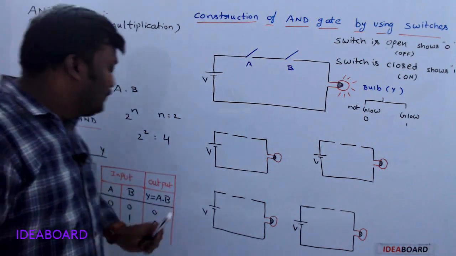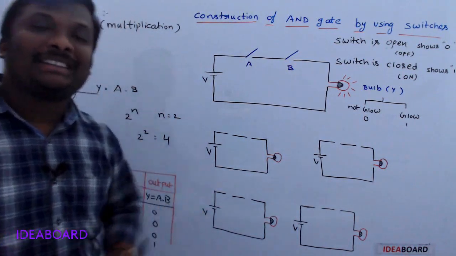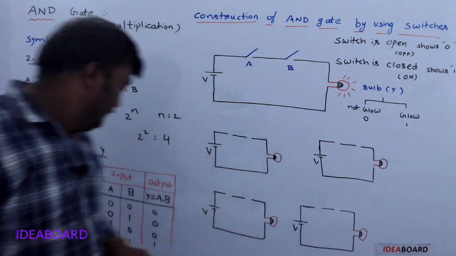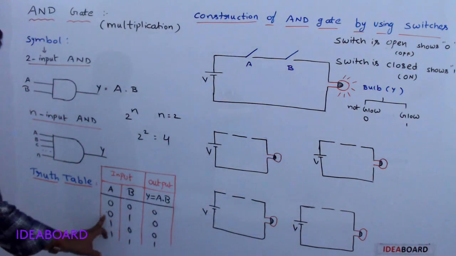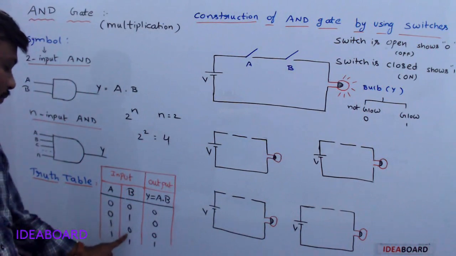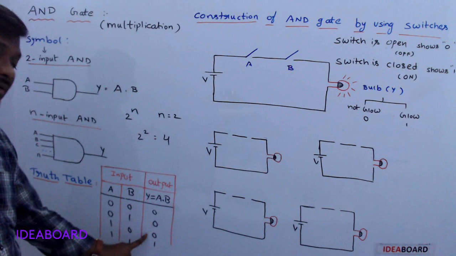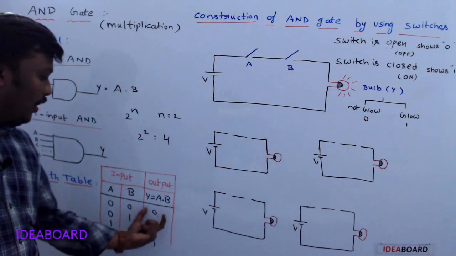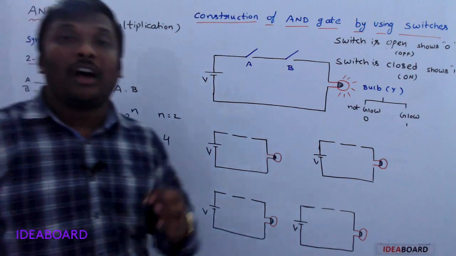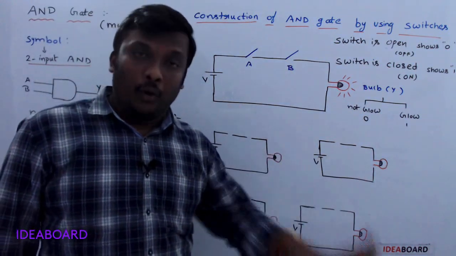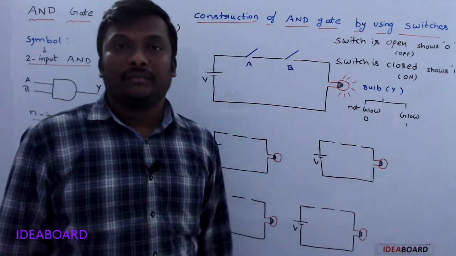If you observe the truth table, you understand the logic behind the AND gate. If any input contains 0, the output is 0. Any one input is 0, output is 0. So what is the logic function? If A or B is low, output is low. Low indicates 0.